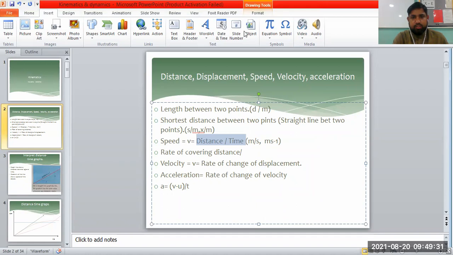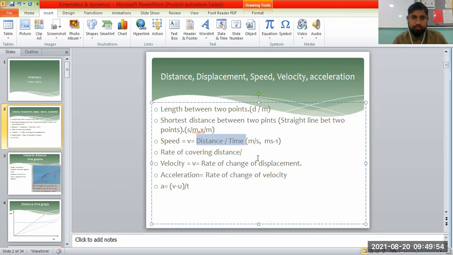Okay, I'll try. Sir, speed is distance covered per unit time. Okay, it can be distance covered per unit time, distance covered in a unit time, or you can also call it rate of covering distance.